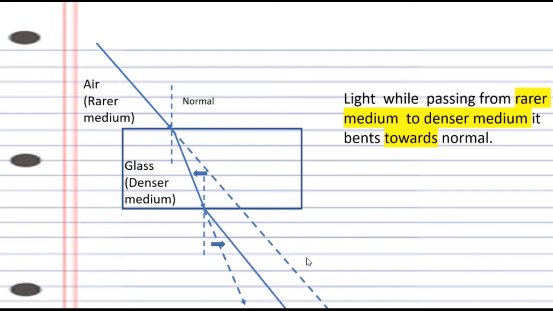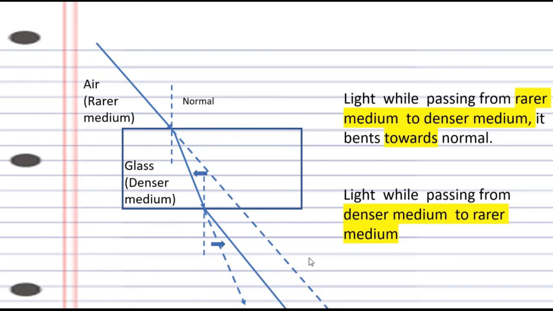Right? So remember, light while passing from denser medium to rarer medium bends away, it moves away from the normal, right? At both points, there is a bending. But while moving from rarer medium to denser medium, it is going towards the normal, and while moving from denser medium to rarer medium, it is moving away from the normal.